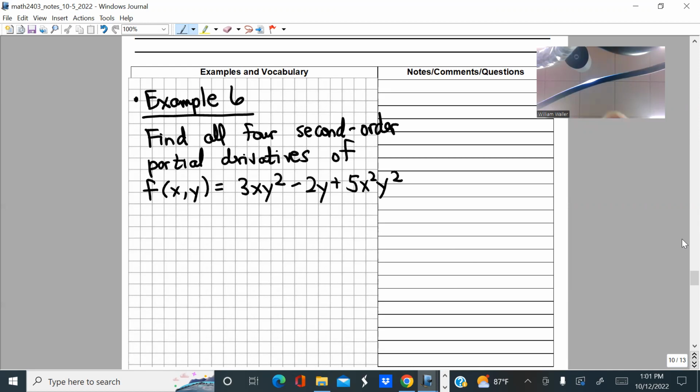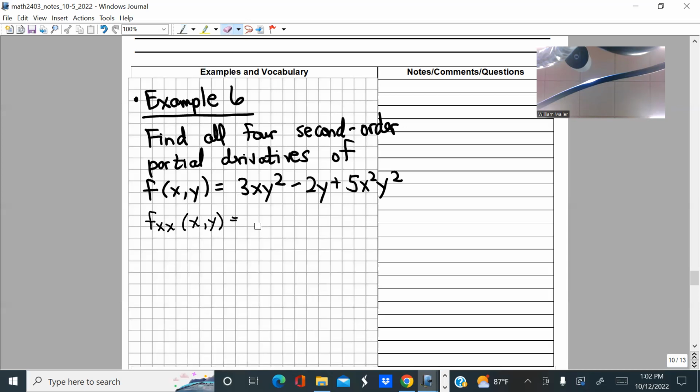Okay, so let's do these partial derivatives. The easiest one to start with is just x twice. Remember, what that means is you're going to first take the partial derivative with respect to x, and then differentiate again.